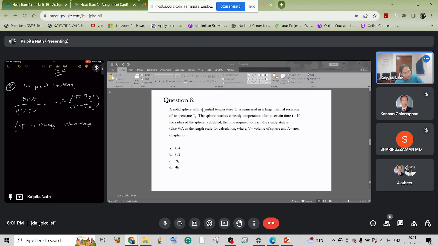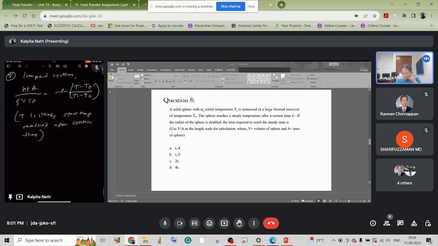T is the steady state temperature that is attained after a certain amount of time.